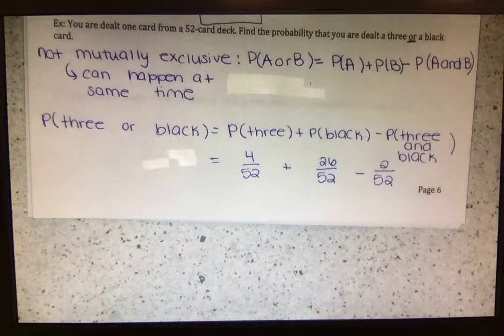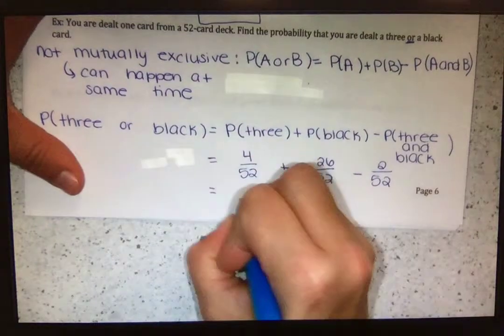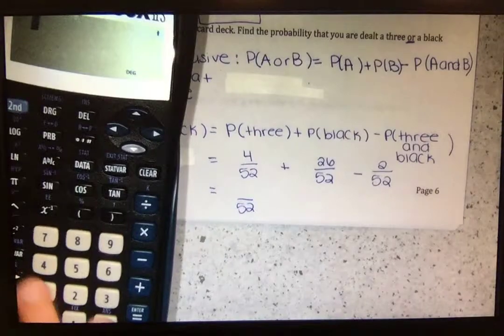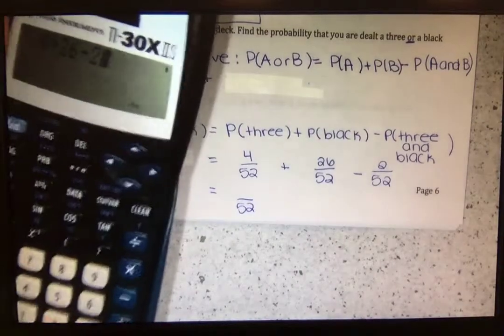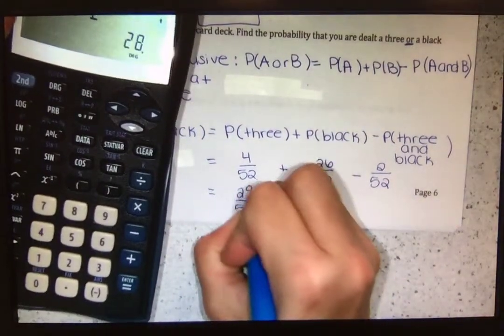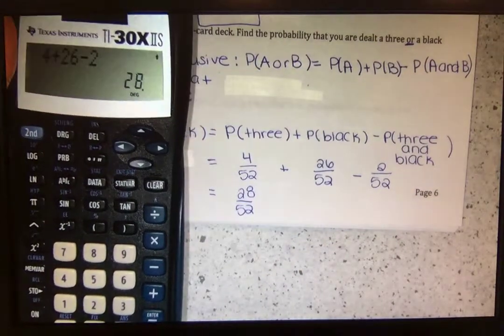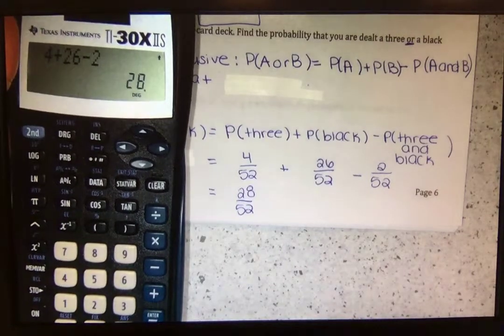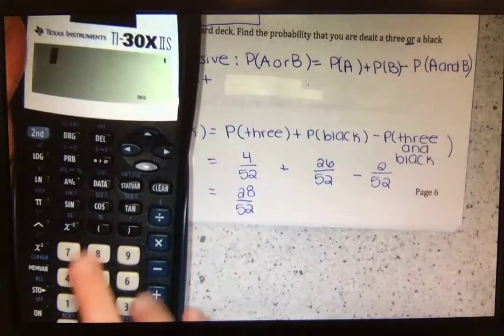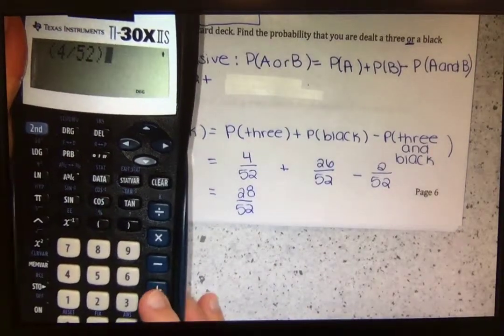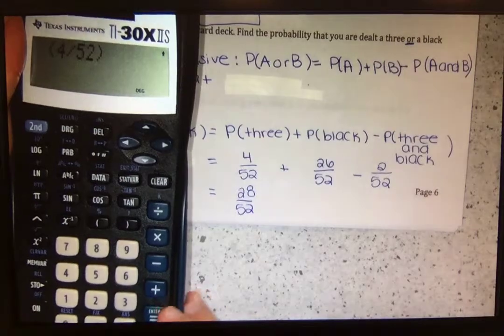So we're adding fractions. So we know whenever we add fractions, we have to have a common denominator. We do have a common denominator here. They're all 52. So we can just add and subtract our numerators. So 4 plus 26 minus 2 will give us 28. So those of you who really don't like fractions, plug this whole thing into your calculator. 4 divided by 52. It's its own fraction, so it goes in parentheses to separate it from the other fractions.